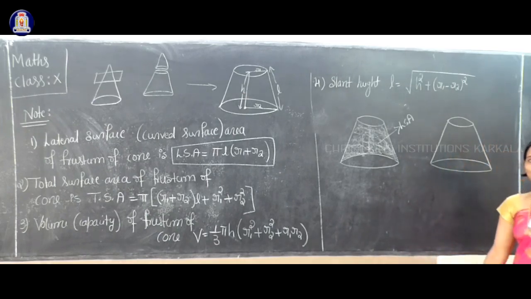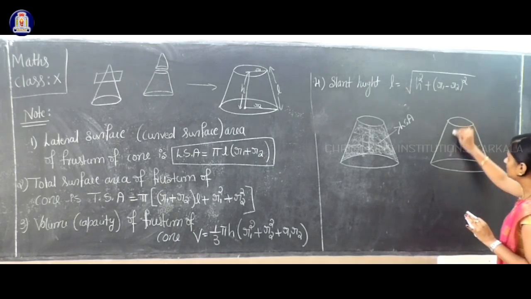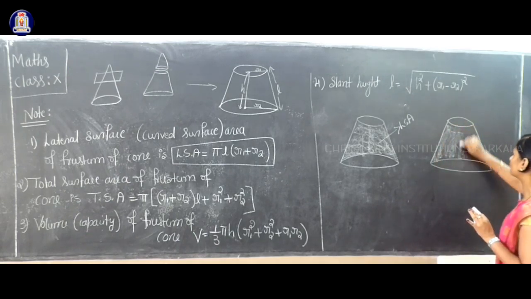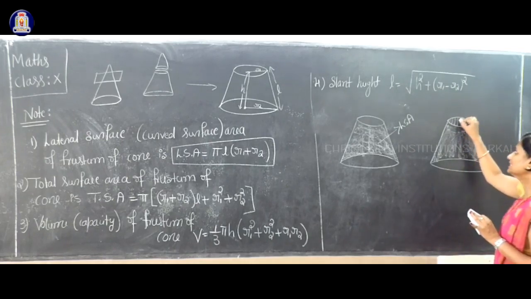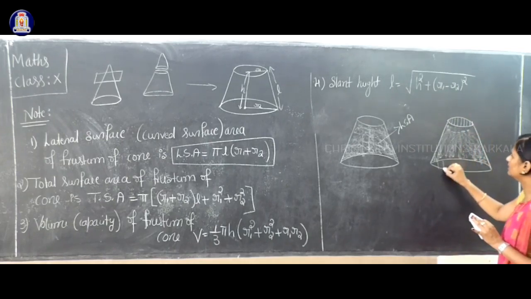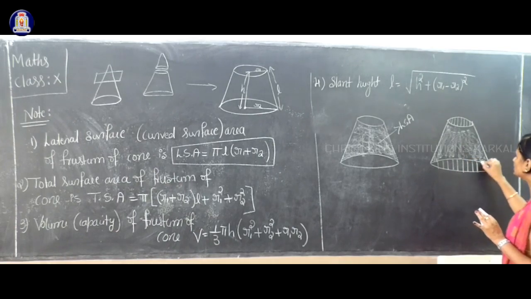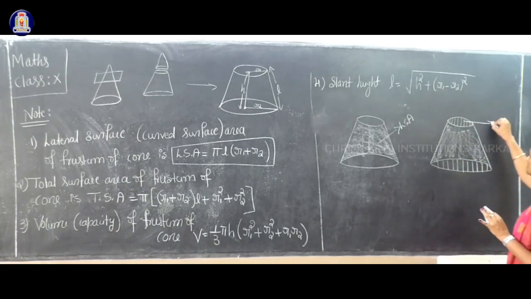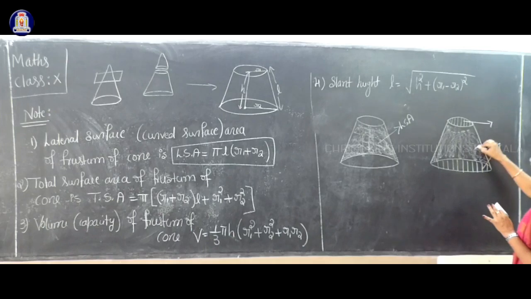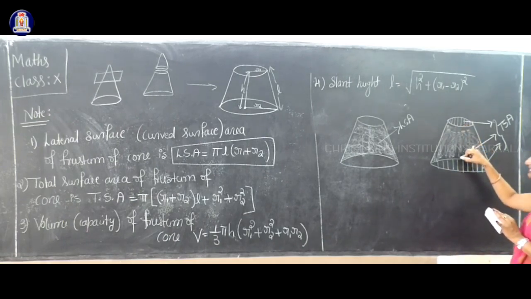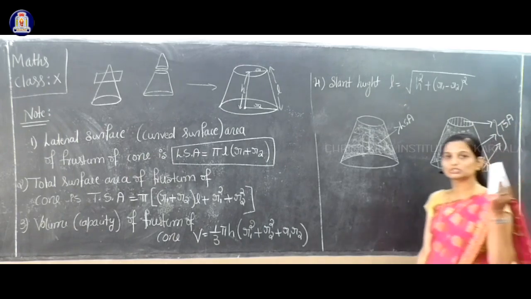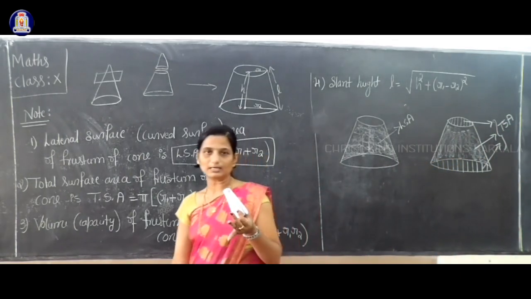Now total surface area includes this lateral surface area and also the areas of the two circles. So this area plus this area plus this area together is the total surface area. Clear?